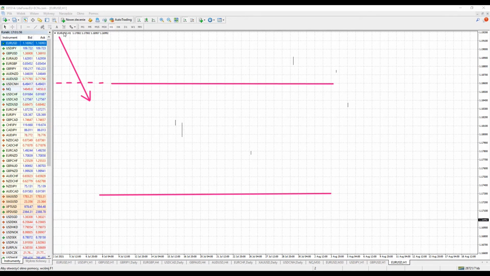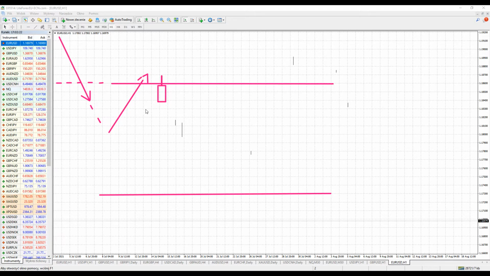We are falling, so this line might work as a support. And if we have some significant close, then I'm looking for failure on the retest of that broken support, now turned to resistance. For example, on the higher time frame, I like to see even a single candle with the upper shadow.